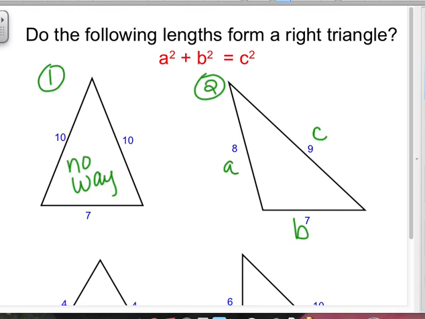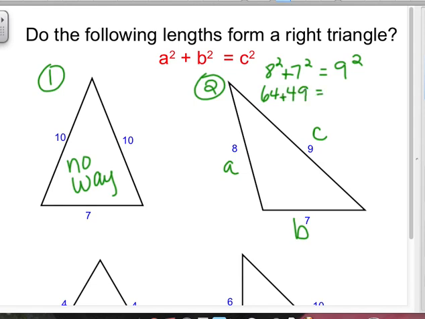Now let's see if the math works. A squared plus B squared would be C squared. A squared would be 8 squared, B squared would be 7 squared, and C squared would be 9 squared. 8 squared is 64. 7 squared is 49. We're adding those.